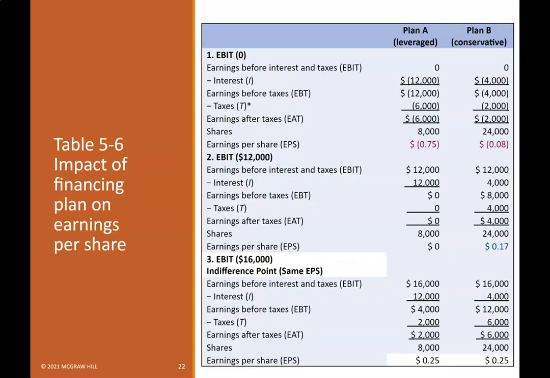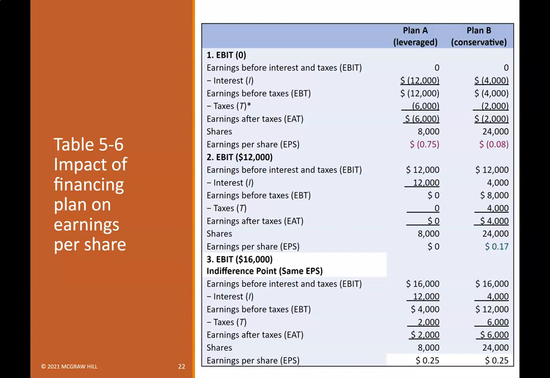Table 5-6, impact of financing plan on earnings per share. The first is a leveraged plan and a conservative plan, with both earnings before interest and taxes being 0.